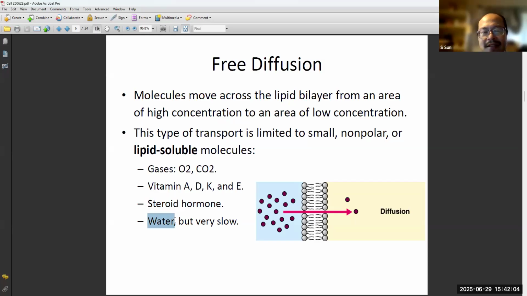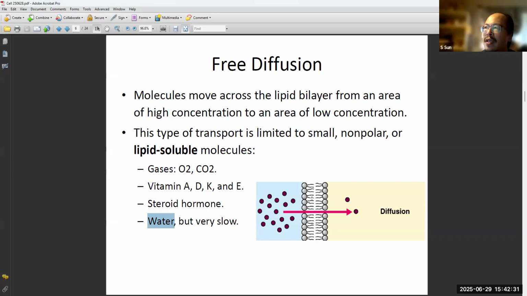Water is not lipid soluble, but water is kind of small. Besides, these lipids are not very rigid, right? They are flexible. Your cells are kind of like living things, so the membrane is actually moving around because these are lipids.